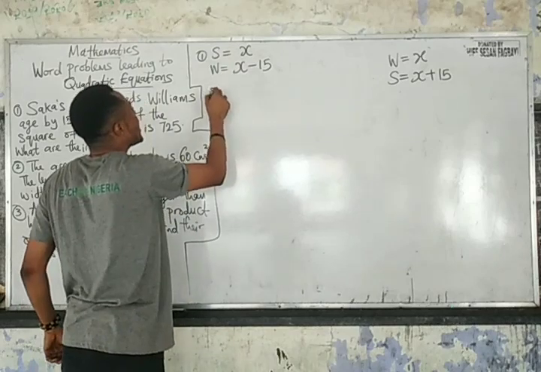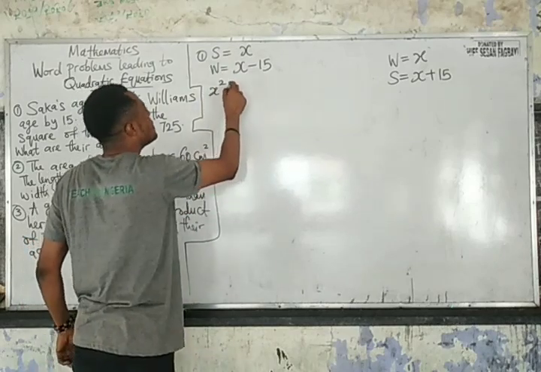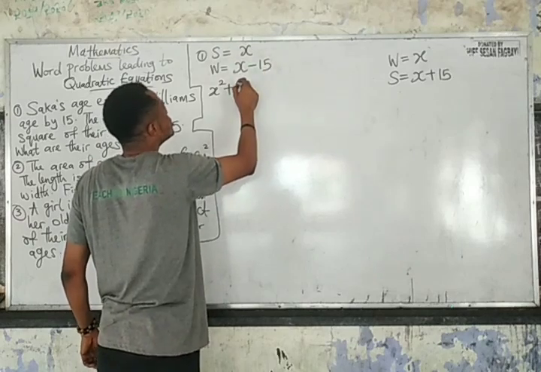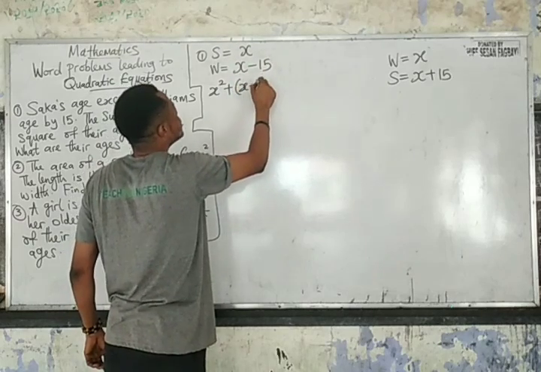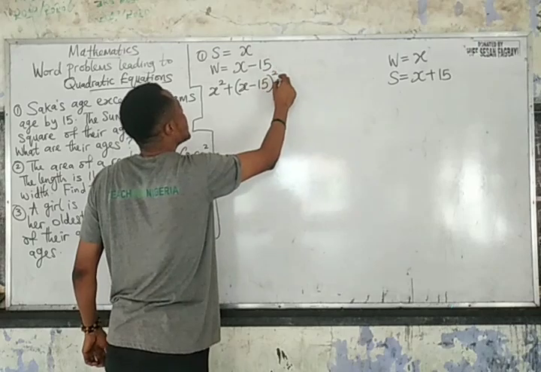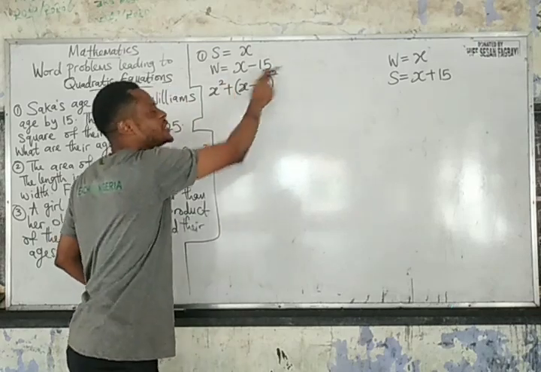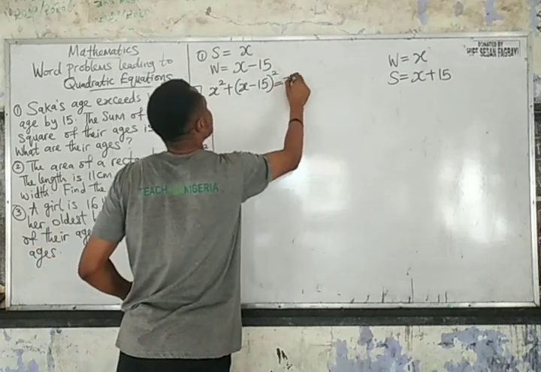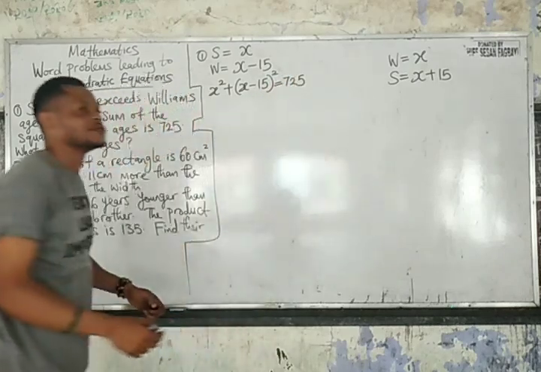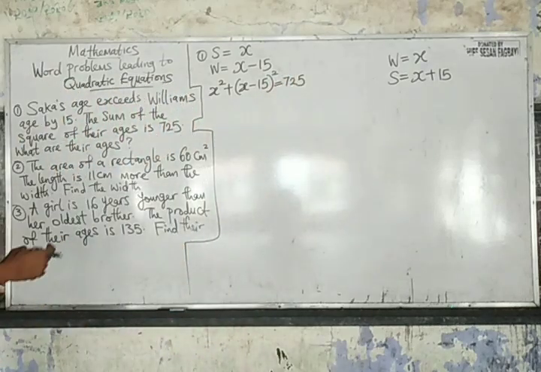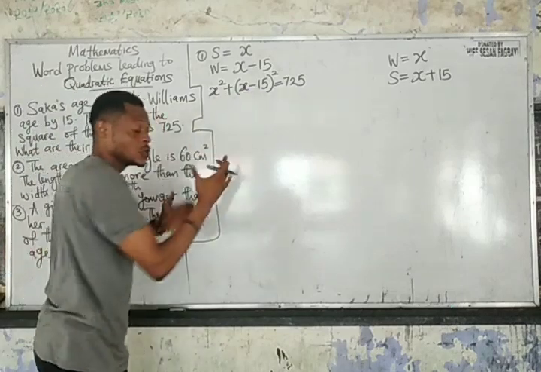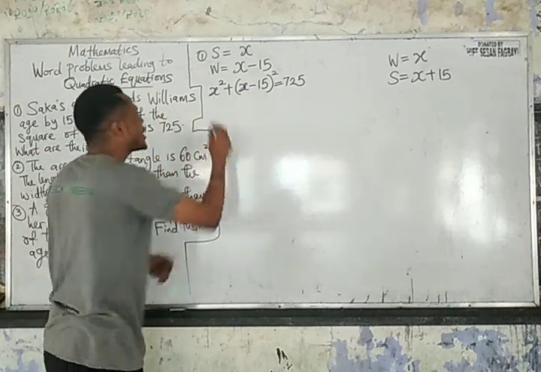So that means x squared plus the Williams age, which is x minus 15 squared. The square of their ages, when they are summed together, will give us 725. Of course, when we move on from here, we make this one 2, then we open the bracket.